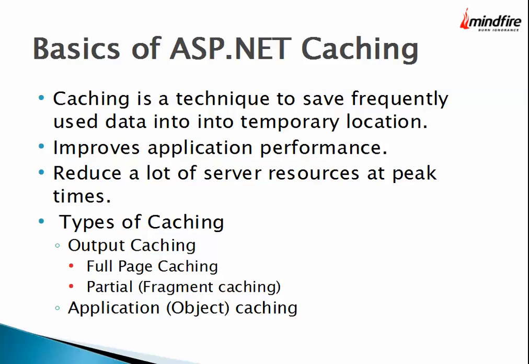It also reduces a lot of server resources, like I have explained. And the types of caching: that is output caching, and under that it comes as full page caching and partial caching.